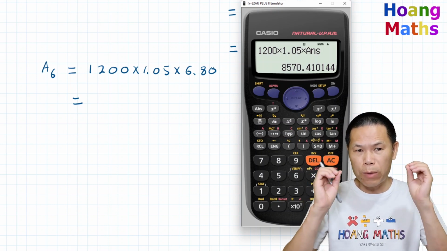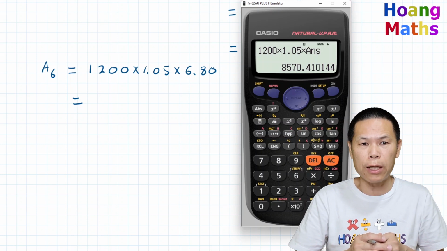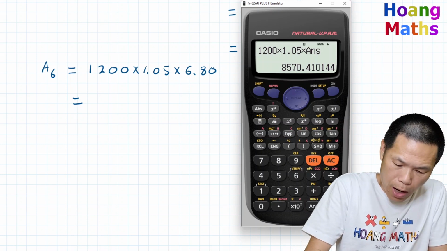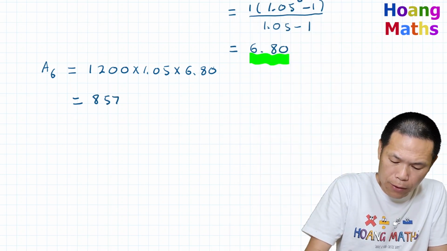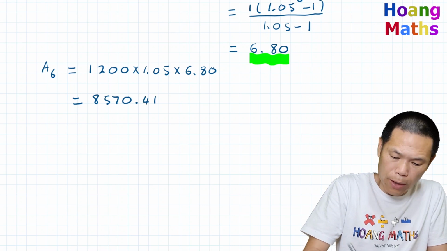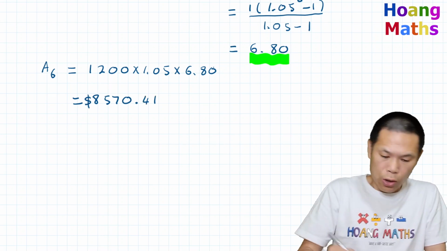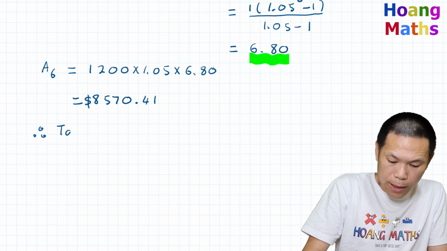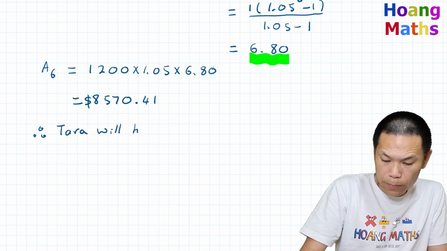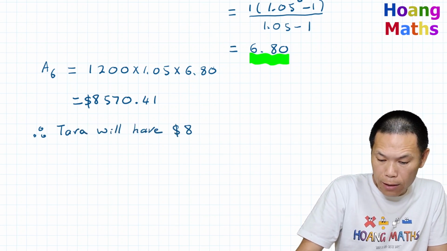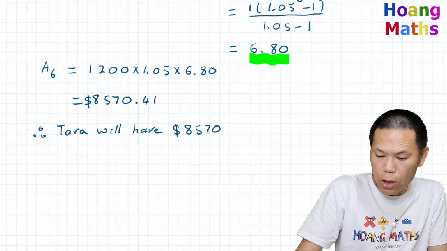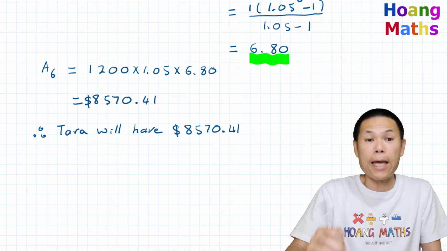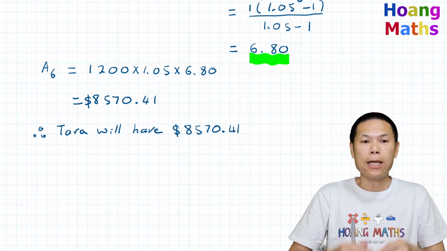And remember, with money, we write correct to 2 decimal places. So therefore, Tara will have $8,570.41 at the end of 6 years. There you go.